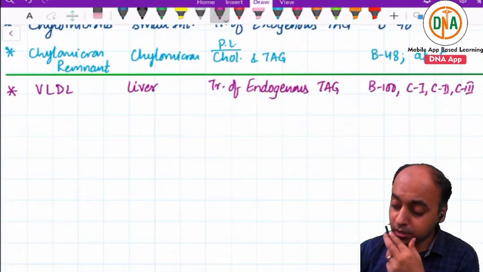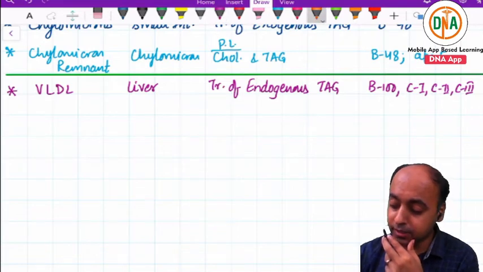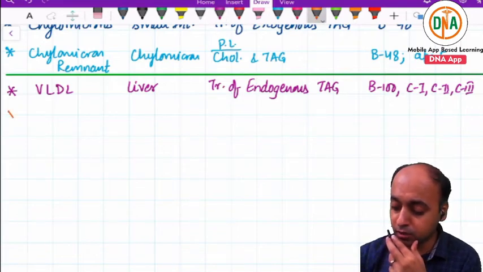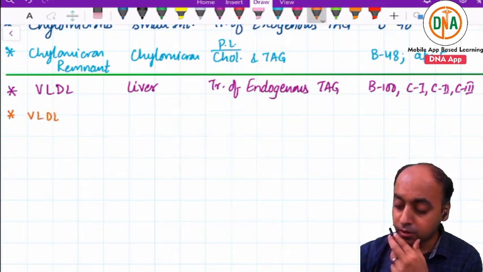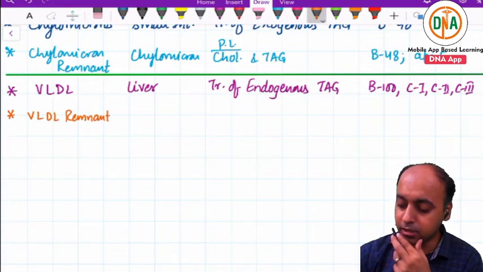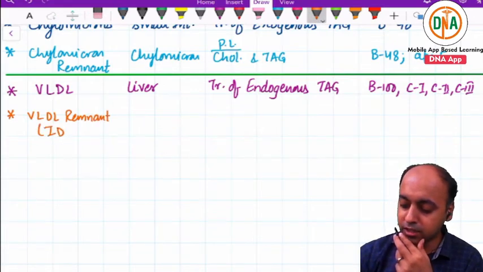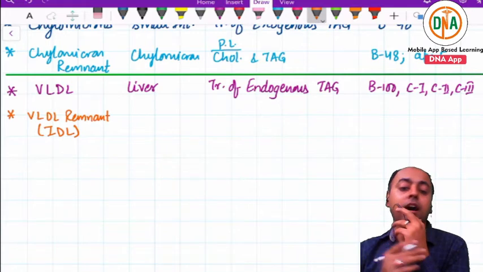The VLDL will then get converted into the VLDL remnant. If you recall, we said the VLDL remnant is also known as IDL.